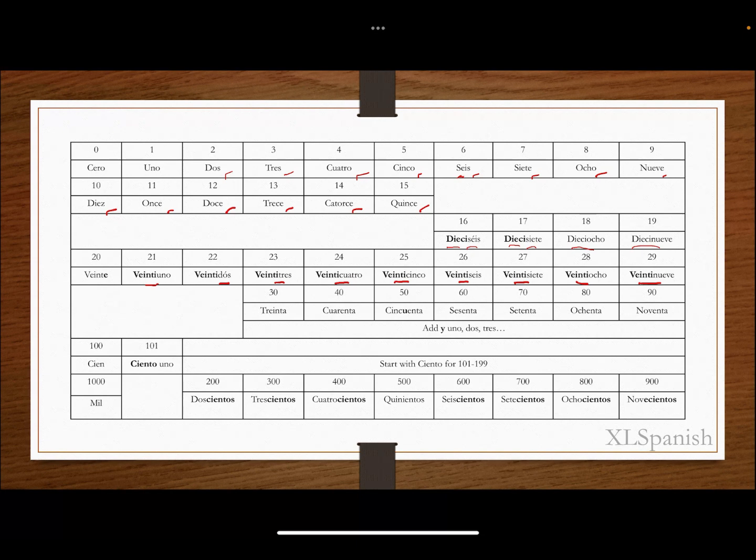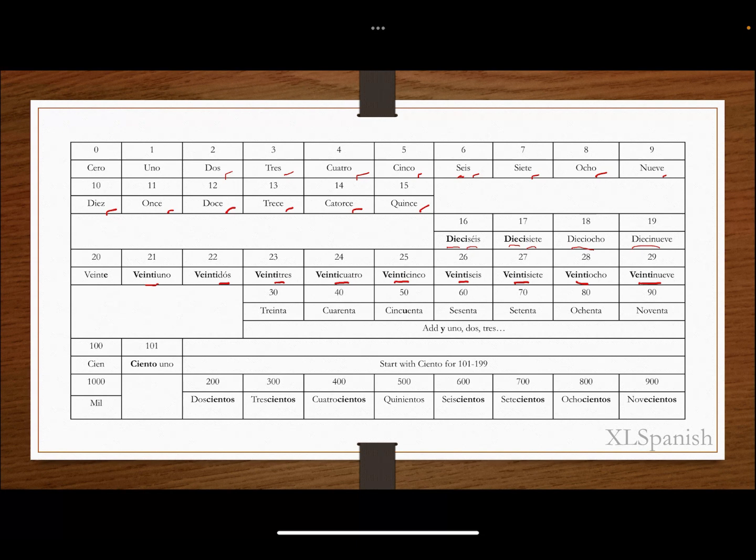Then we get to the rest of the tens. It gets easier, but there's a little bit of a difference between Spanish and English. So 30 in Spanish is treinta. 31 in Spanish, think of it as 30 and 1.